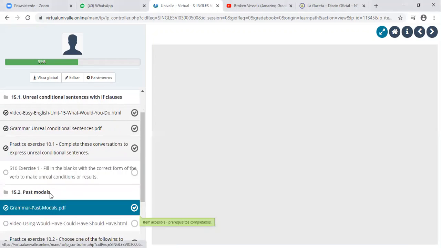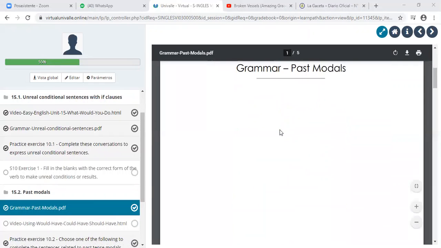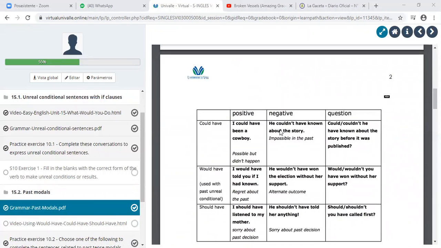Now we are going to be focused on grammar as well. We are going to be talking about past modals, okay? So past modals are could have, would have, and should have. We use them in positive or affirmative, negative, and question form.